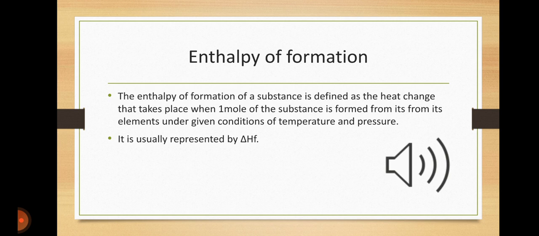H, you know, is enthalpy, and delta represents change. So, the enthalpy of formation of a substance is defined as the heat change that takes place when 1 mole of the substance is formed from its elements under the given conditions of temperature and pressure.